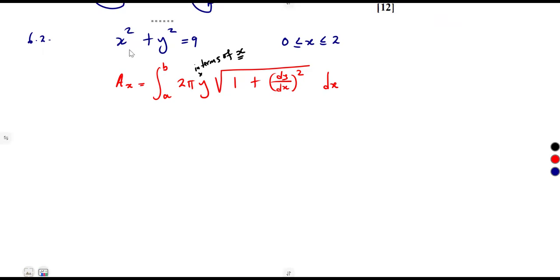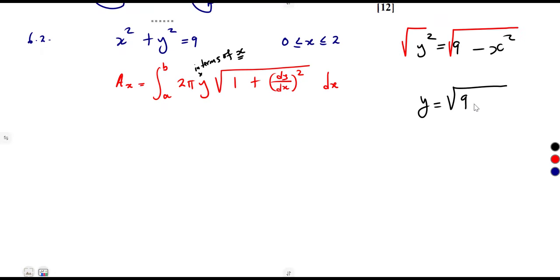So you must make y the subject of the formula. From what we are given, y squared is equal to 9 minus x squared. Introducing the square root, y is equal to the square root of 9 minus x squared. This is the y that you must substitute.